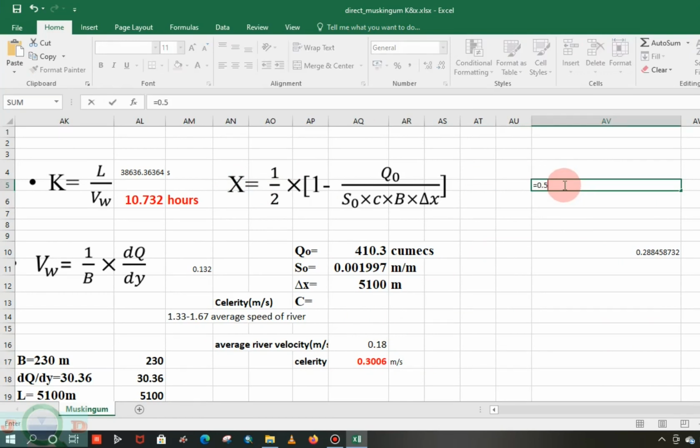So 0.5 into 1 minus Q naught, which is 410, divided by S naught.